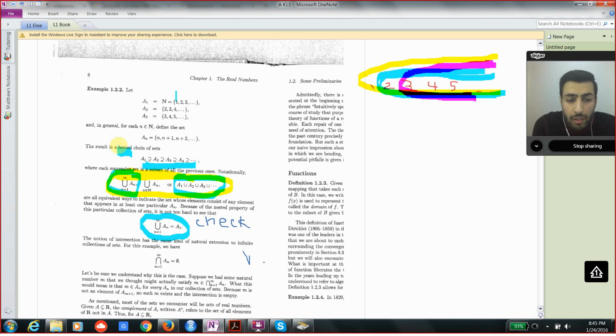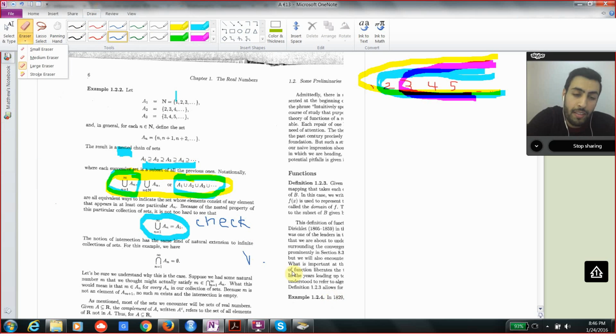The reason this is true is because if you're in A2, you're automatically in A1. So A1 is a subset of this union, and everything in here is in A1. It's a little tricky, but that's good.